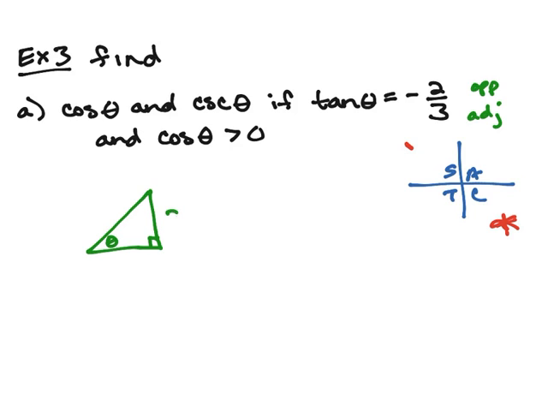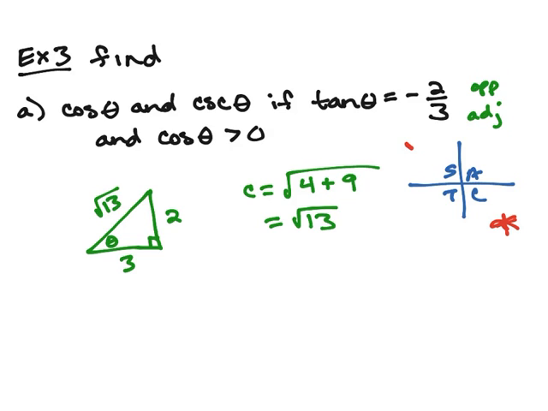So I'm going to say that the opposite is 2, the adjacent is 3, and I'm going to use the Pythagorean theorem to find the hypotenuse. So 2 squared is 4, 3 squared is 9. We get the square root of 13. All right, so that's my hypotenuse.